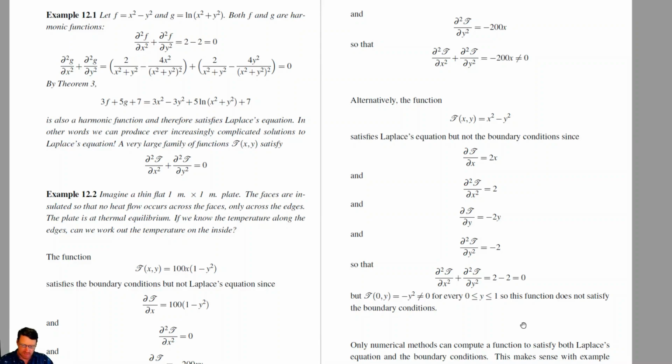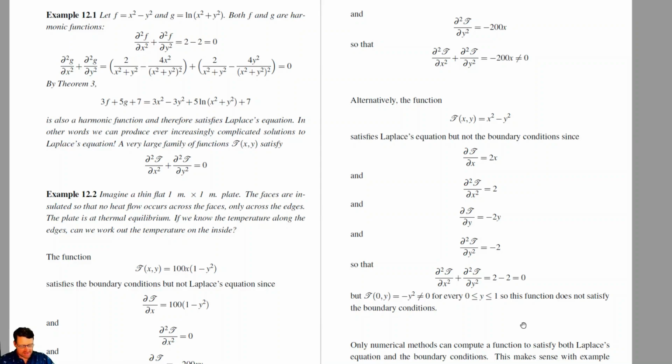So this here is my metal plate. It's insulated on this face, it's insulated on the back face, and we know the particular temperatures along the edges here, right? So these are what I would call the boundary conditions here, where we know the temperatures here and here. We have a solution that satisfies Laplace's equation, but that analytic solution doesn't satisfy what we know the temperature along the sides to be, right?